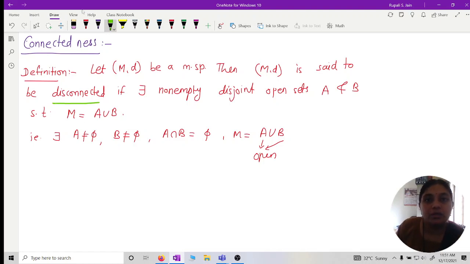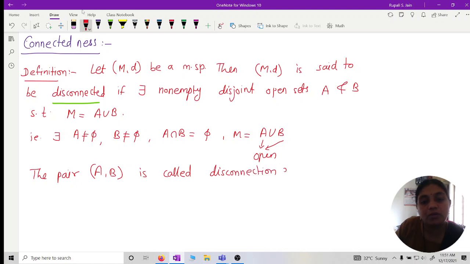Such a pair (A, B) is called a disconnection or separation of M, a separation of the metric space (M, d).